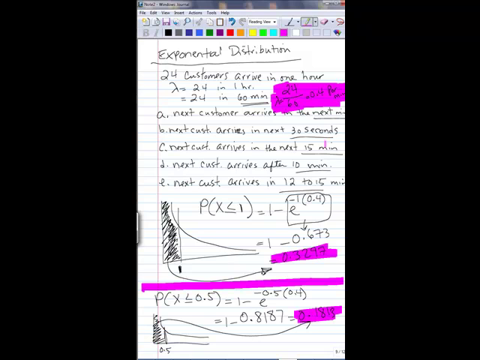Now for the next problem, part C, we want to know what's the probability of a customer arriving in the next 15 minutes. So the probability that X is less than or equal to 15 minutes. Here's 15, and this is what we're looking for.